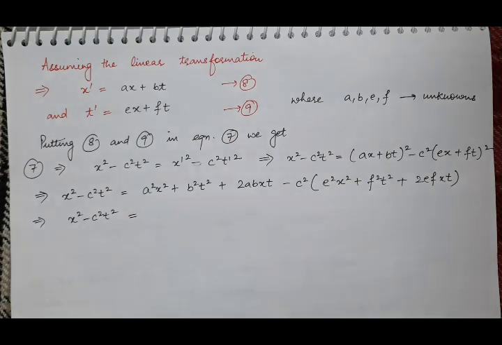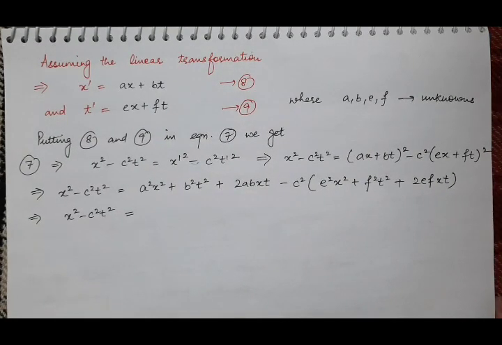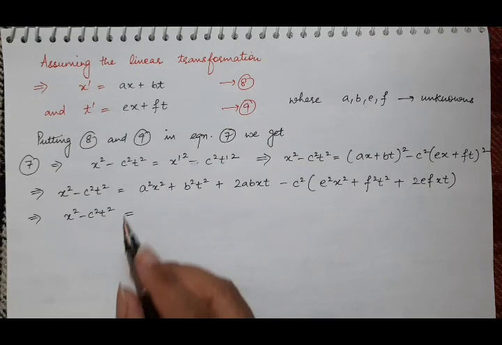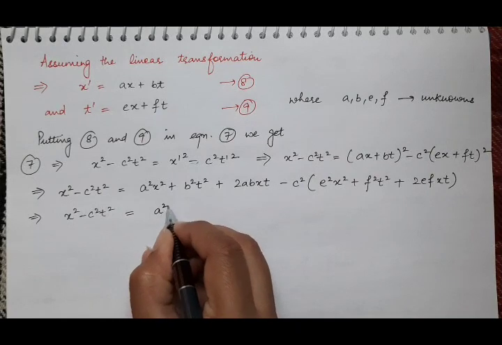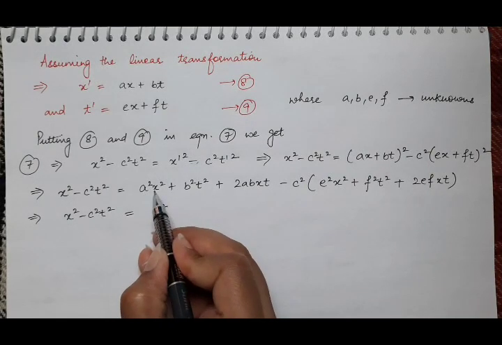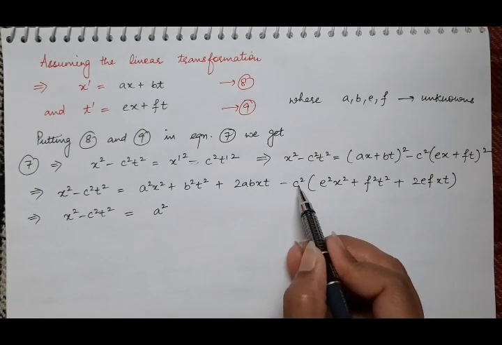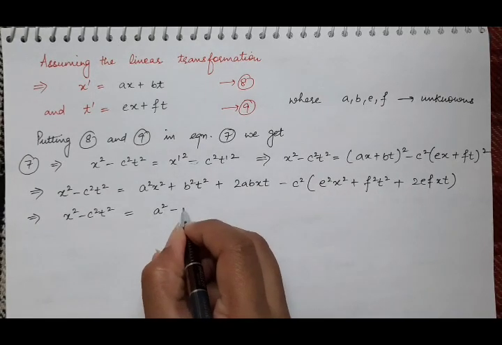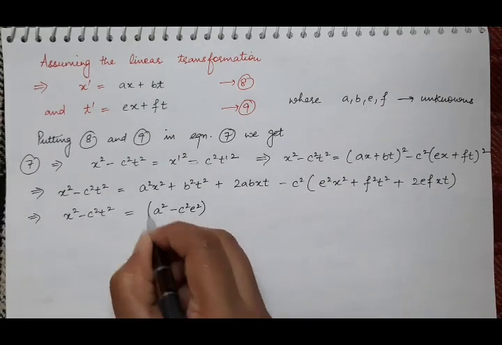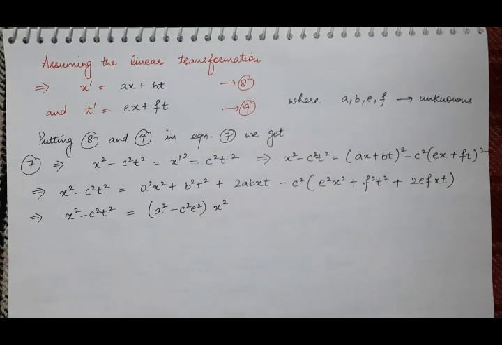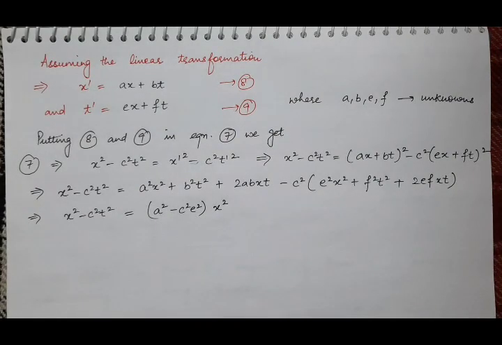Now on the right hand side, separate the coefficients of x square, t square and xt. So what will we have? Here we have a square x square and here we have minus c square e square x square. Taking x square common, we have a square minus c square e square.